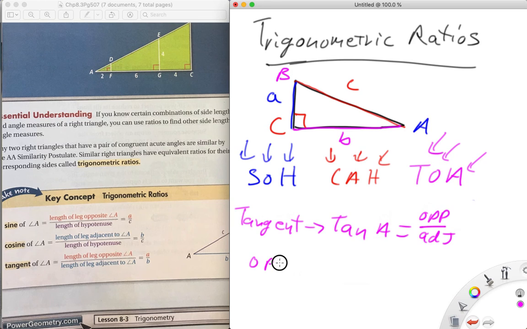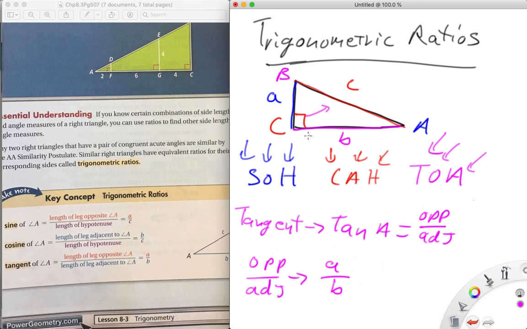So opposite over adjacent, that is going to be opposite of angle A is lowercase a. Adjacent to angle A is lowercase b. And remember, the reason why it's not c, because c also touches A, is because c is the hypotenuse.